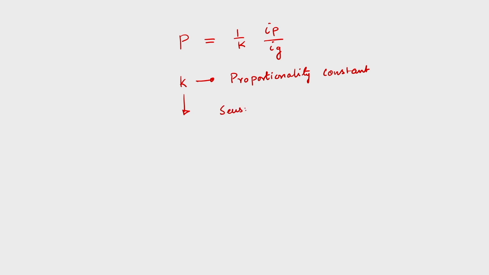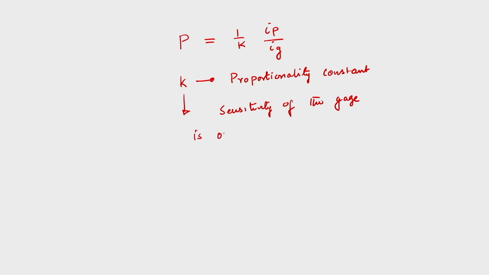So P equals 1 upon K times IP by Ig, and this K is the proportionality constant, known as the sensitivity of the gauge, and it is obtained empirically.